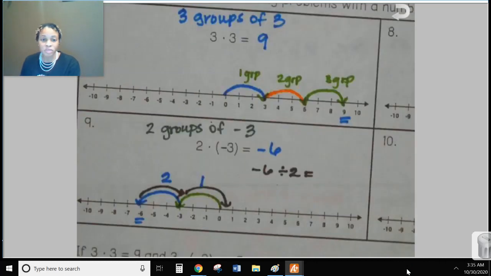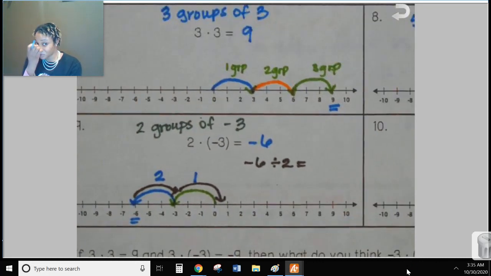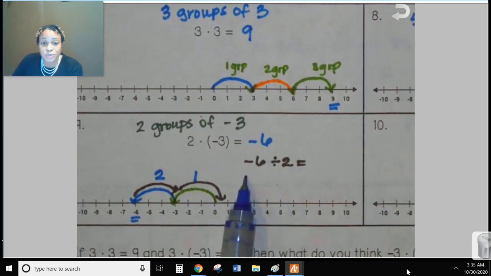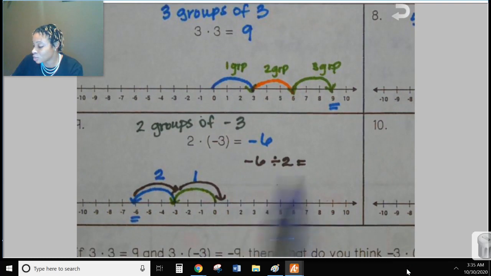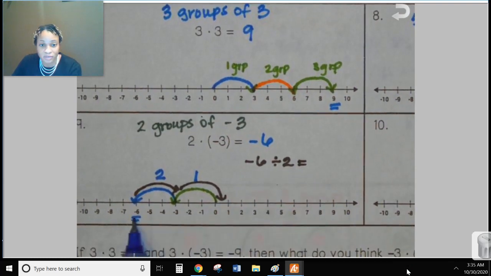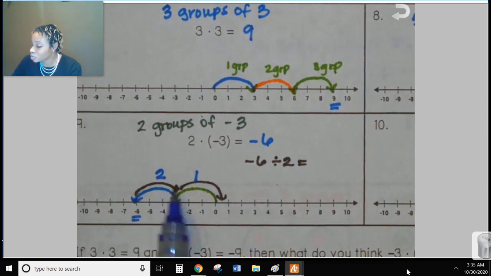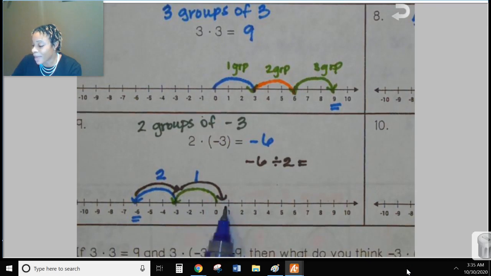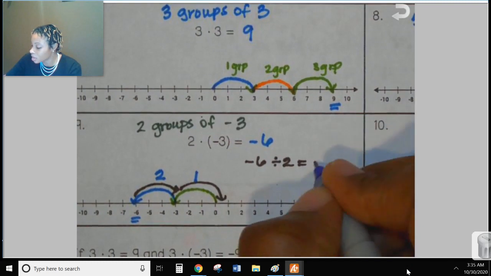Okay? Here's one more. So this was a multiplication. I changed it to negative 6 divided by 2. So we would start at negative 6, and then you would have 2 jumps or 2 groups back to 0. So in each group, I have negative 3.